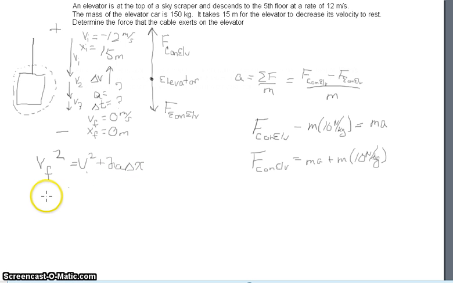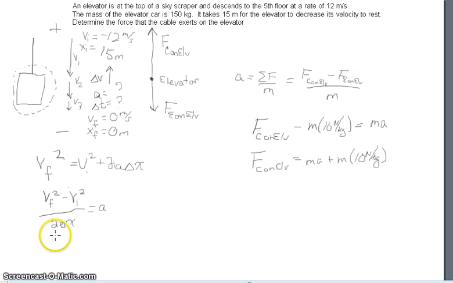Okay, that's a little sloppy, but you guys can figure out what that is. Alright, so I can rearrange the VF squared equation to solve for the acceleration. So I get VF squared minus VI squared. I subtracted VI squared from both sides. And then I divide through by 2 delta x. That will equal my acceleration.